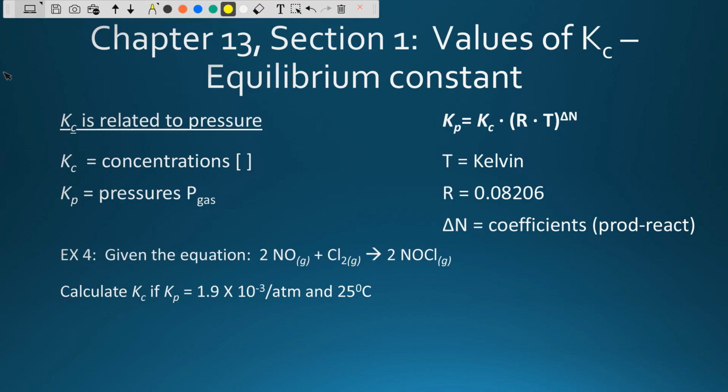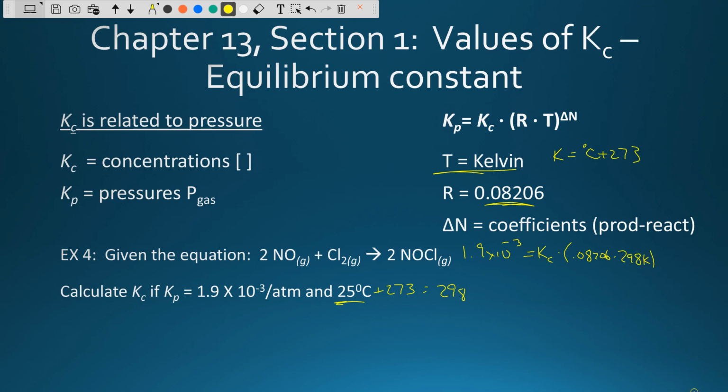So let's put that in. 1.9 times 10 to the negative 3 is going to equal my equilibrium constant times my R value, which is just a mathematical constant of 0.08206, times my Kelvin. Now remember, Kelvin is degrees Celsius plus 273. They give me my temperature of 25 plus 273. That gives me 298 Kelvin.